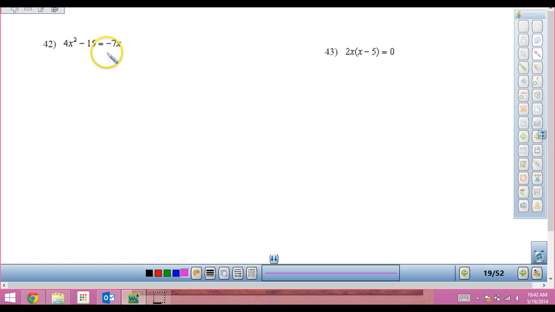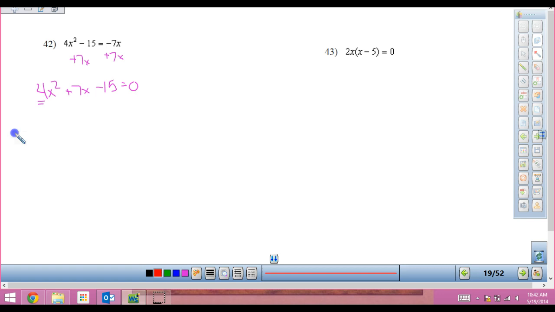Okay, number 42, we've got to add 7x to both sides. So 4x squared plus 7x minus 15 equals 0. Number in front of x squared, so we've got to go quadratic formula.